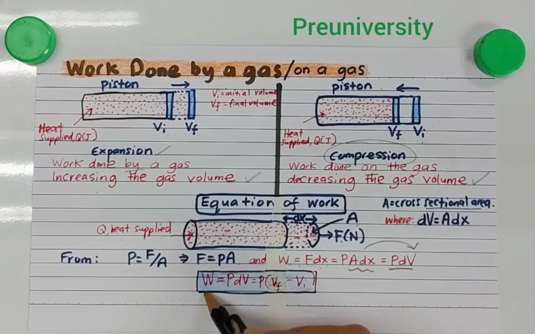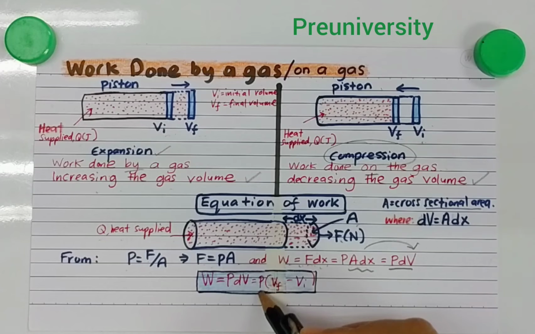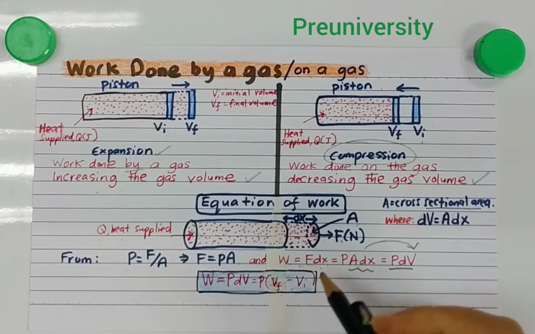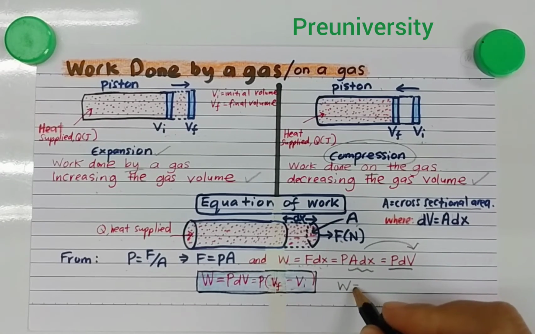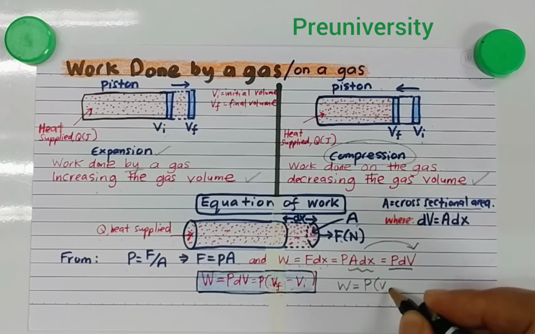So the equation for the work is W is equal to P delta V, or P times bracket V final minus V initial. That means the work we can write as P times V final minus V initial.